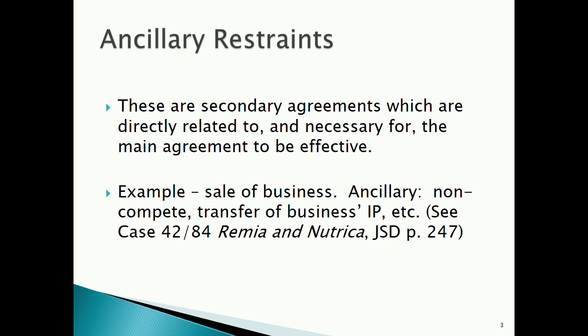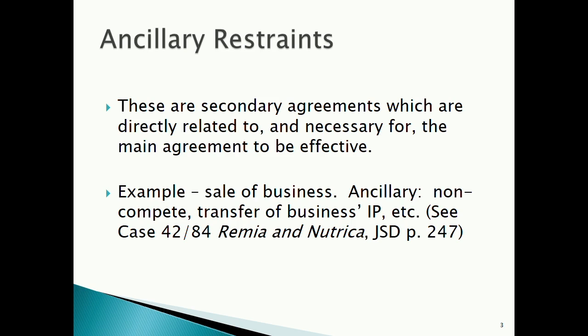So, for instance, in a sale of a business, the main agreement is, of course, the transfer of either the shares or the assets of the business. But as part of that contract, the parties would want a non-compete, because in the absence of a non-compete, it is unlikely that the main contract would be acceptable to all parties.